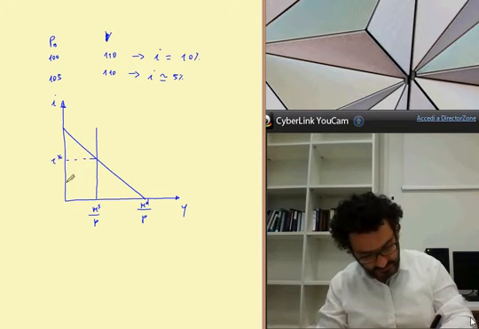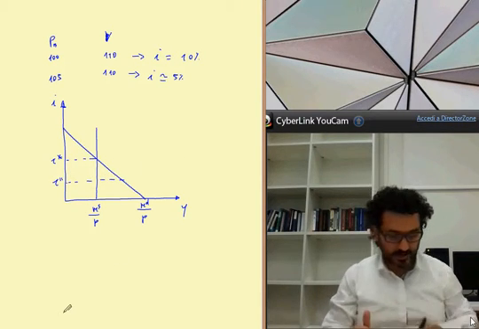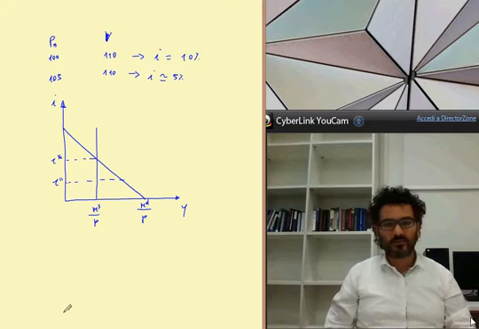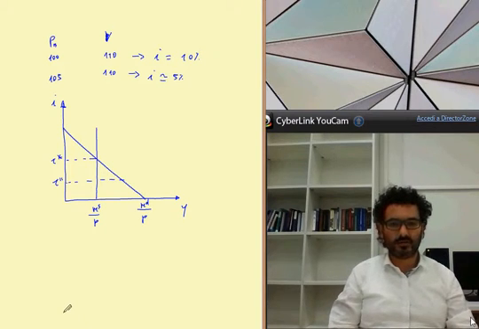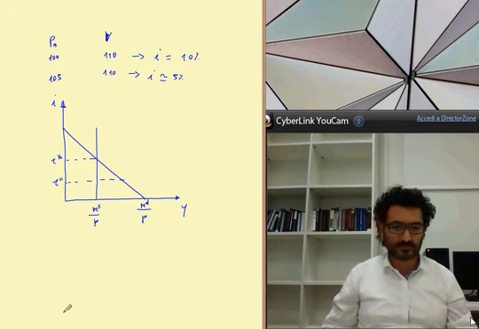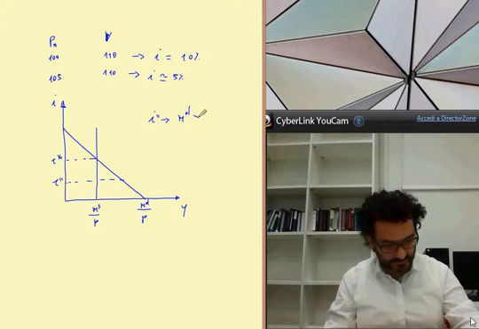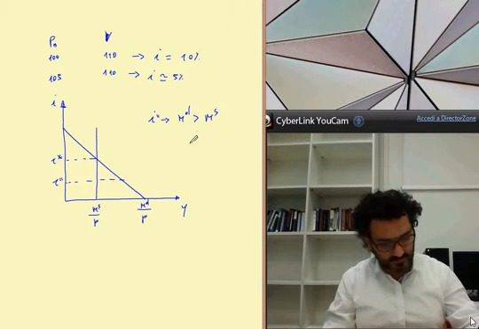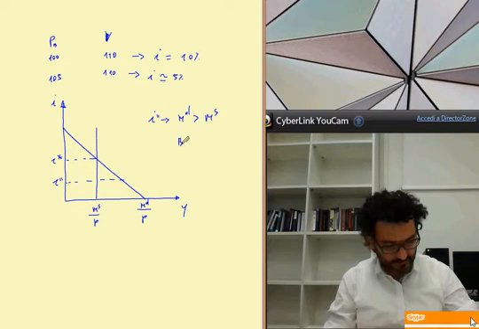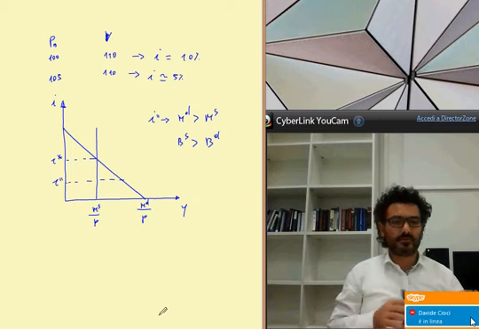Now suppose that on the contrary the interest rate goes down to i'. At i' you have an excess of money demand with respect to money supply. So if the interest rate is i', this implies that money demand is greater than money supply, but it's the same as asserting that the bond supply is greater than bond demand, for the same reason we have seen before.